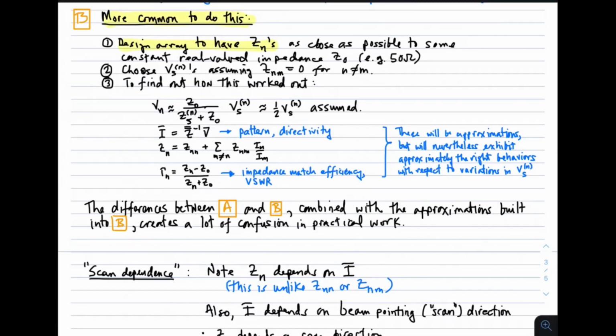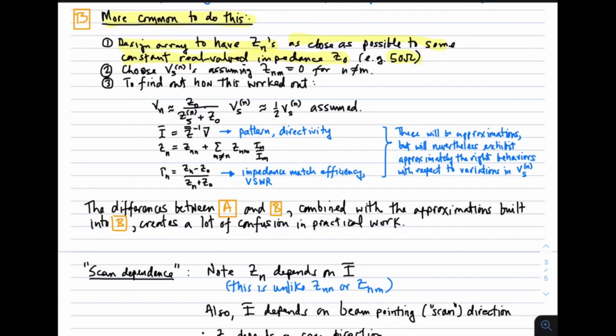Design the arrays to have active impedances that are close as possible to constant real valued impedances. I call them Z0 here, but that are real valued and equal to the source impedances. All right? So a common thing to do in the first step would be to try to make the active impedances as close as possible to 50 ohms, for example, regardless of what the currents turn out to be for whatever direction you're going to point beams in, for example.